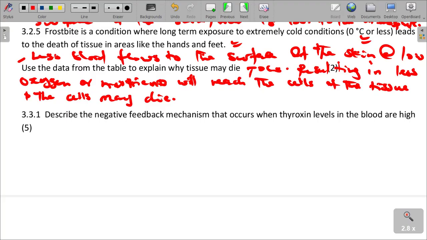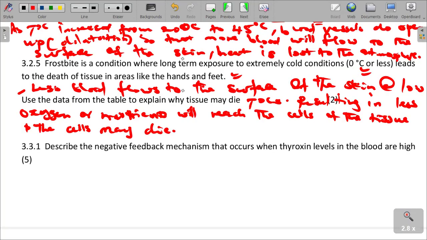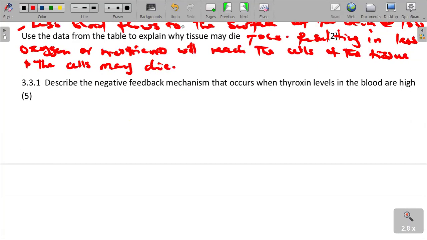Remember that the cells must be alive. By not receiving oxygen and nutrients, they will die. So frostbite may result in that case. You understand? So the cells are dying because of deprivation of oxygen and nutrients.